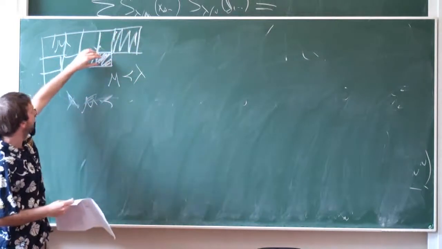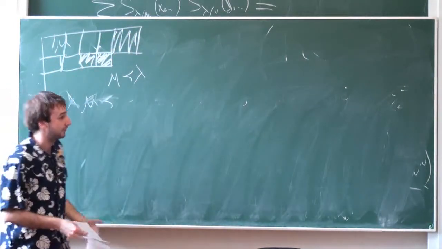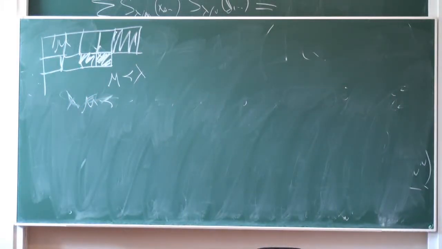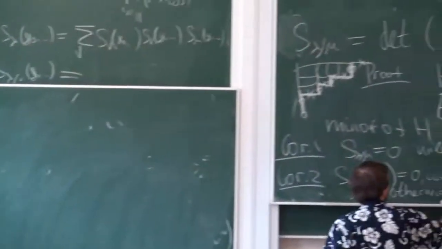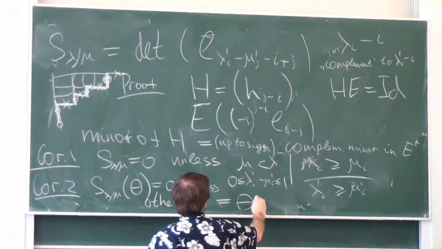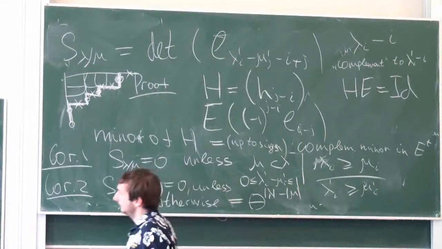So this figure, which has at most one box in each column, is usually called a horizontal strip. And finally, if this is satisfied, then otherwise this is equal to theta to the power of the number of boxes in lambda minus the number of boxes in mu.